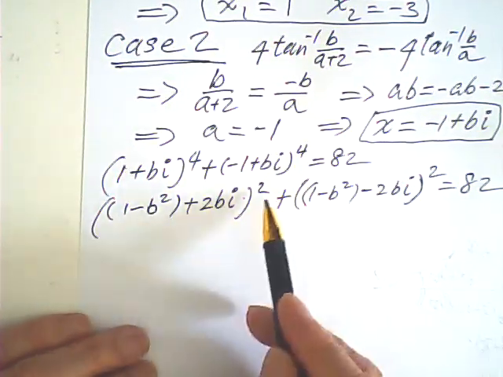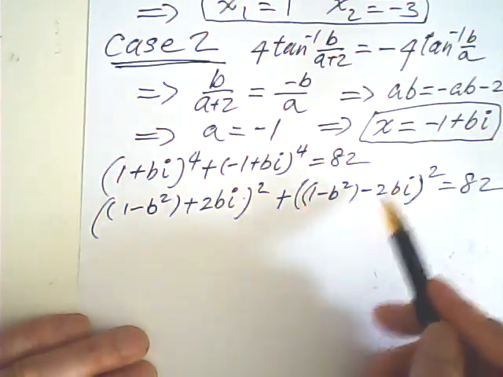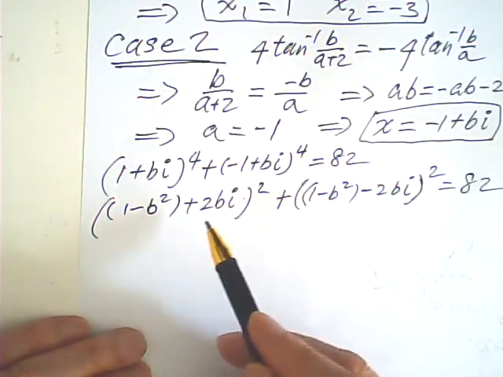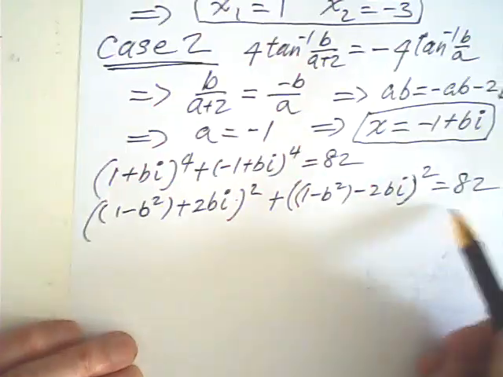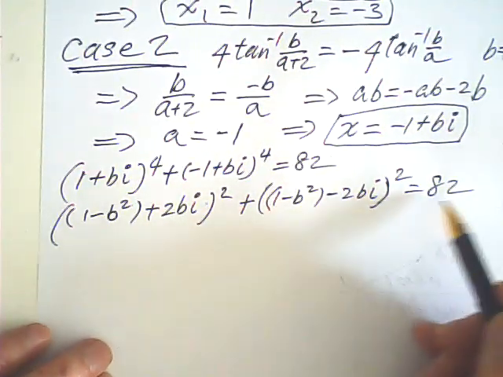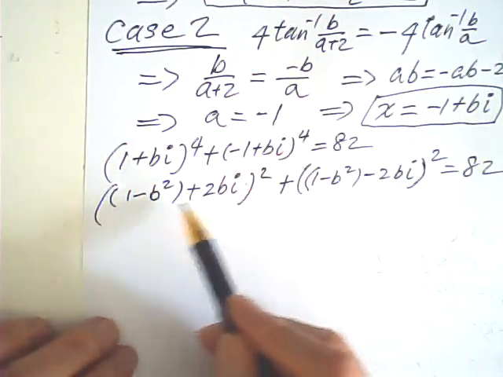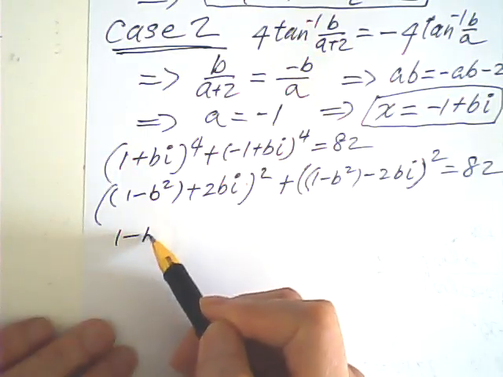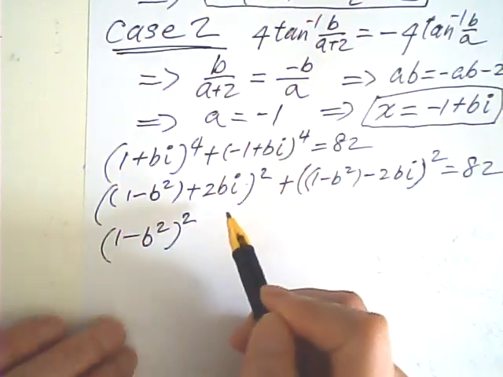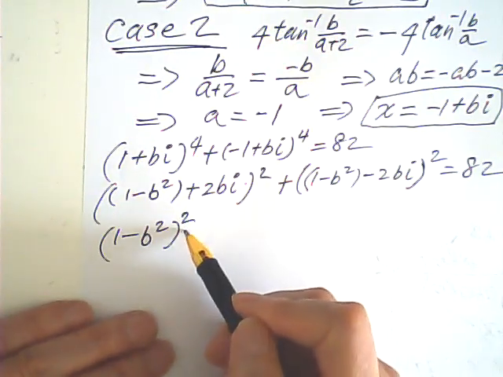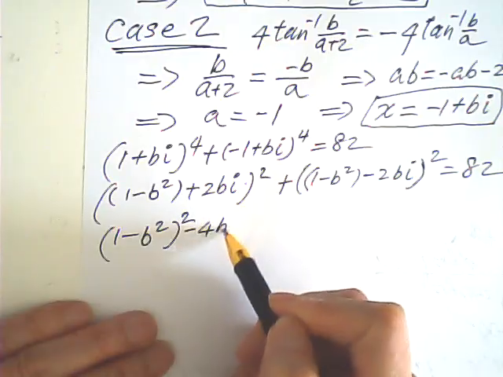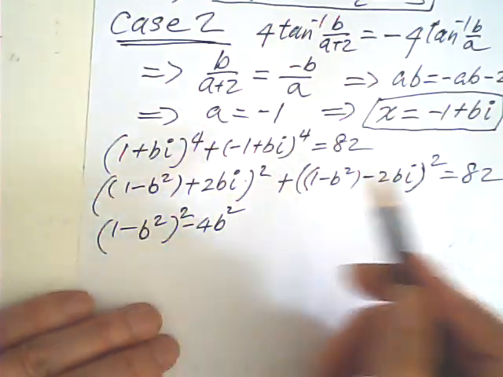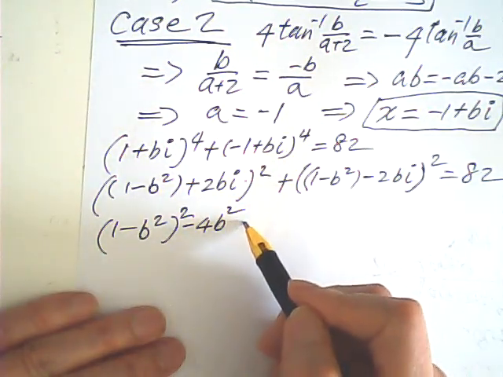Okay, then we square again. Square this one, and we only consider the real part because this side has no imaginary part. So we just calculate the real part. The real part would be 1 plus b square, this square, the real part is minus 4b square. Imaginary part, forget.